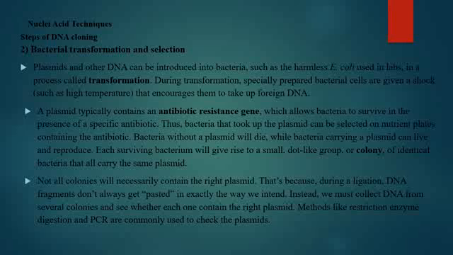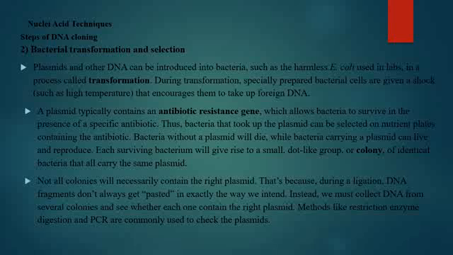So the surviving bacterium will give rise to a small dot-like group, or colony, of identical bacteria that all carry the same plasmid. So those carrying the plasmid survive, and we can see a colony of these which can be identified. The last point here: not all colonies will necessarily contain the right plasmid.